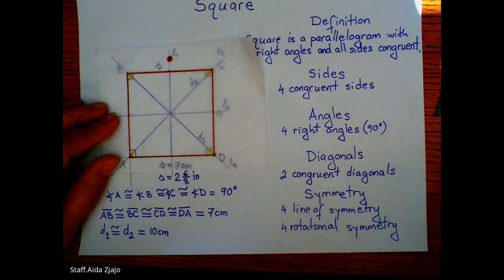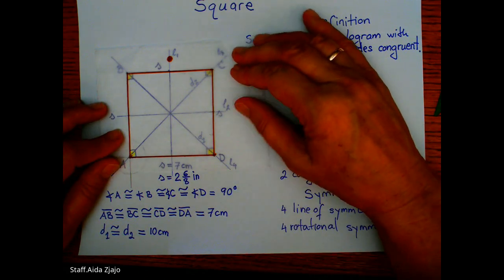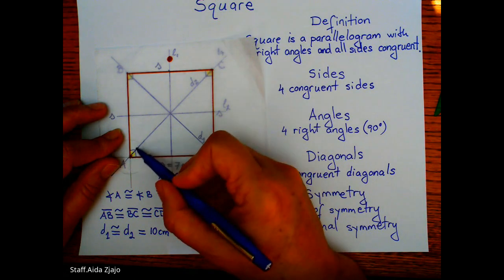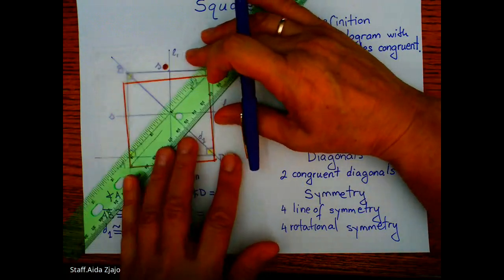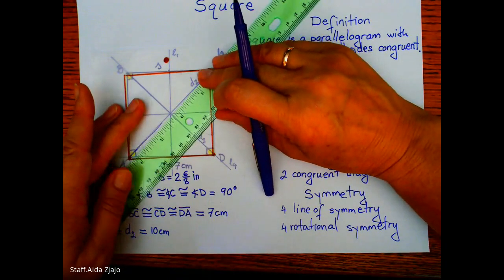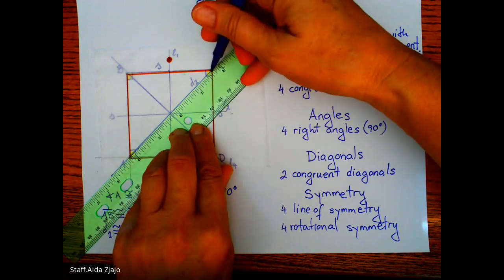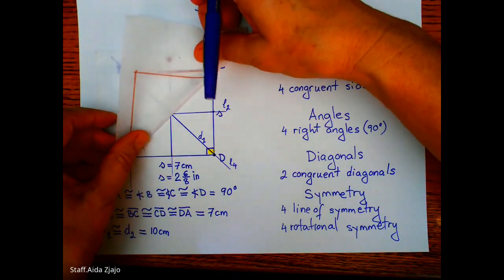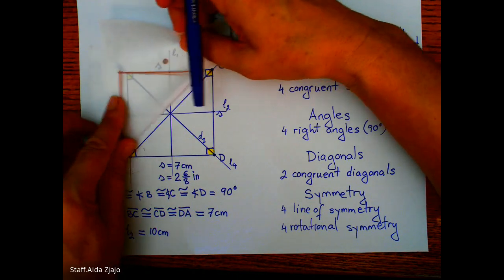We also can prove our lines of symmetry. So we say that this was one of our symmetry lines. If we take that and do the line through, we can say if we fold the paper, it will match perfectly, making 2 congruent triangles.